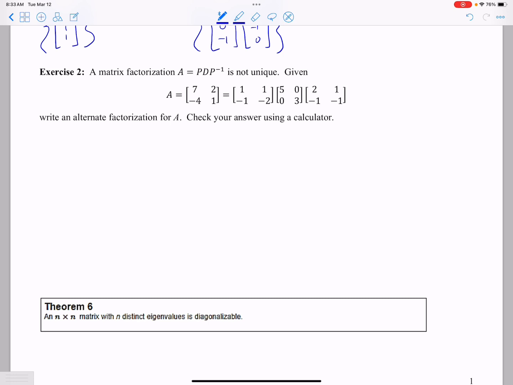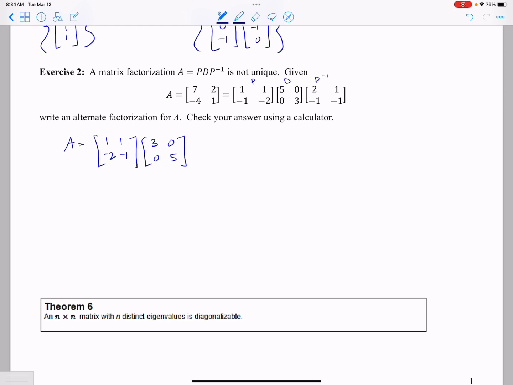Exercise 2 says that this matrix factorization is not unique. So given this factorization, again we have P, D, P inverse, I'm going to write an alternative form. I can swap the order of my eigenvectors, which swaps the order of my eigenvalues. And then I can't just swap the order of the P inverse.